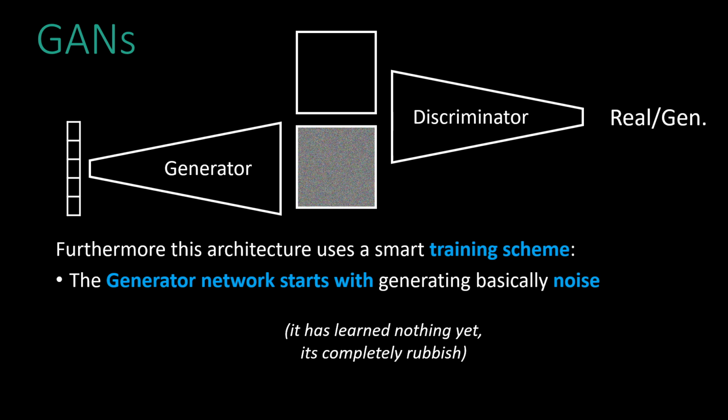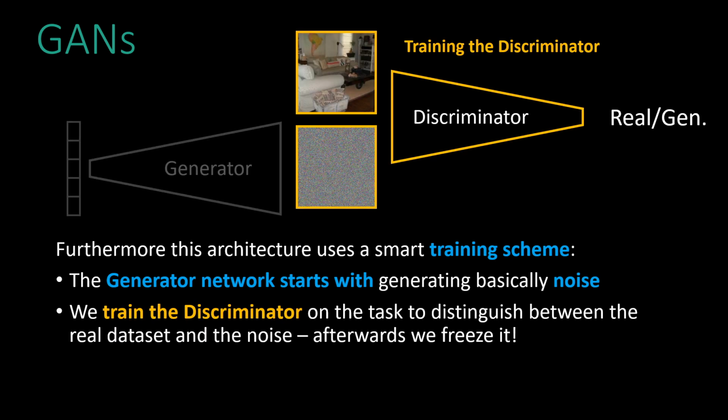The first step, sort of, is to train the discriminator. And so the discriminator sees two types of images. It sees images from the real dataset, and then it sees images which were generated by the generator. And its only task is to discriminate or to distinguish between these two categories.